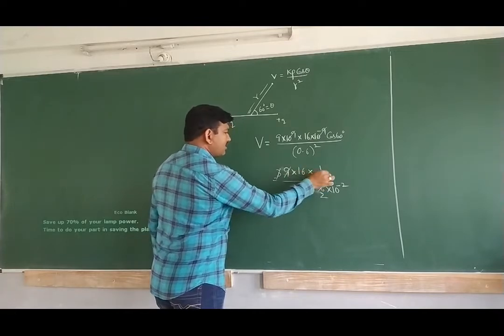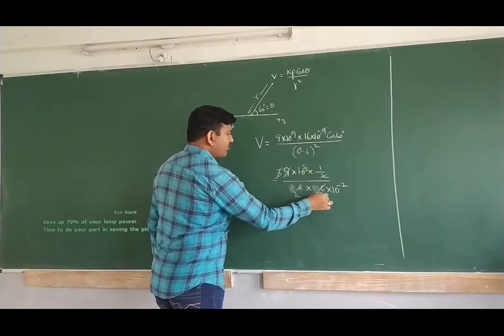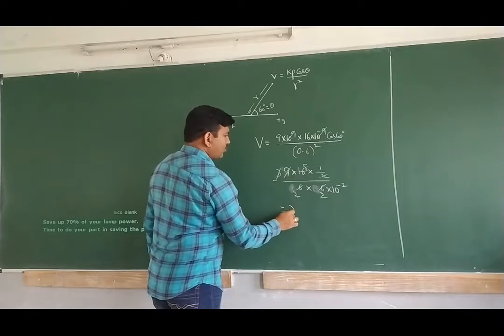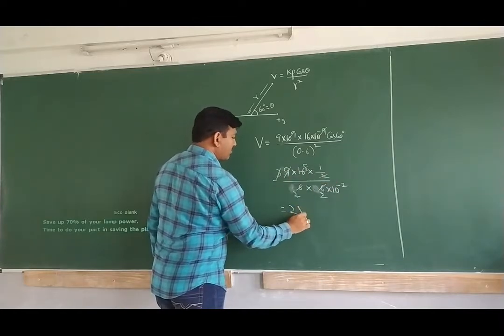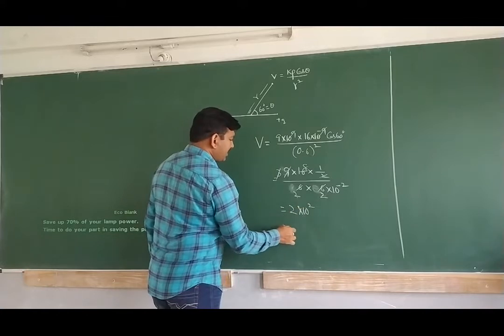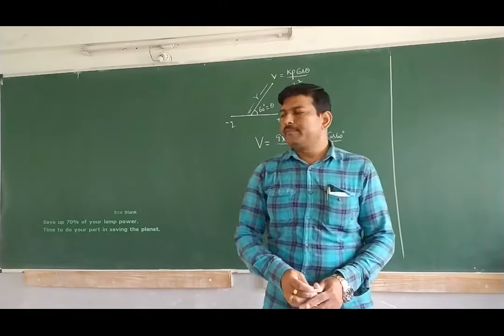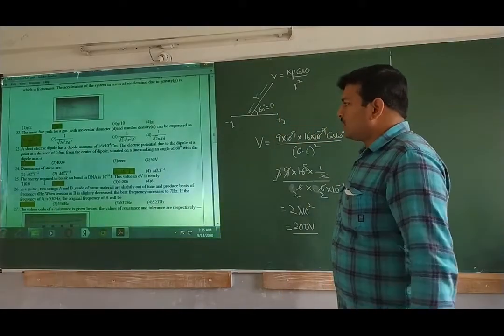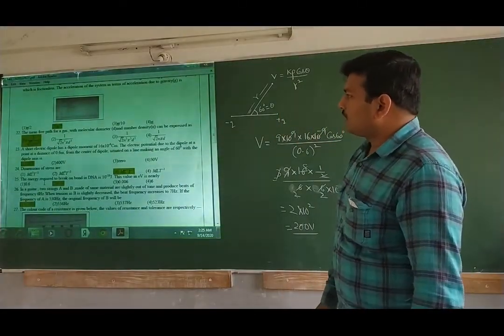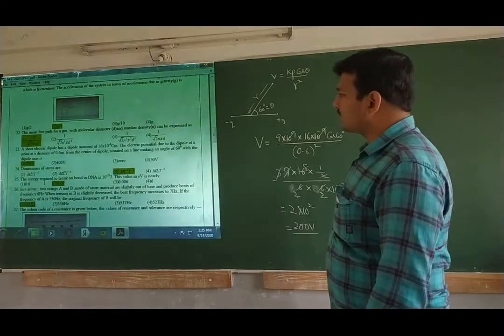So 2 goes here 8 times. 2 2s are 4, 4 goes here 2 times, 10 power minus 2 goes up, 10 power plus 2. So the right answer will be 200 volt. That is the right answer. Please check what is the key answer here. So for the 23rd question, the right answer is 200 volt.